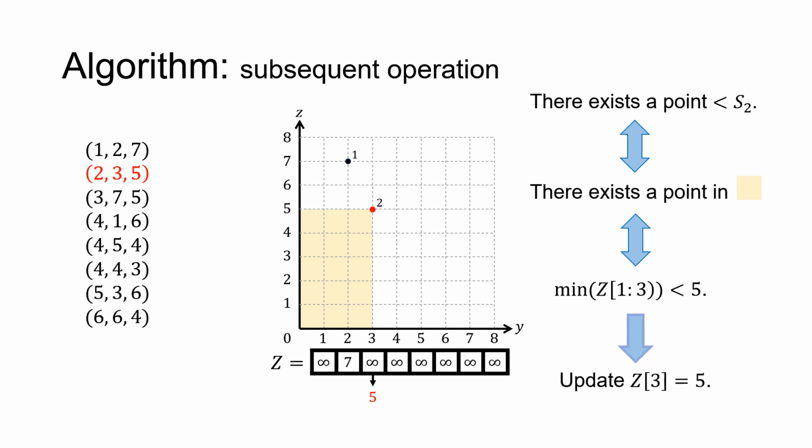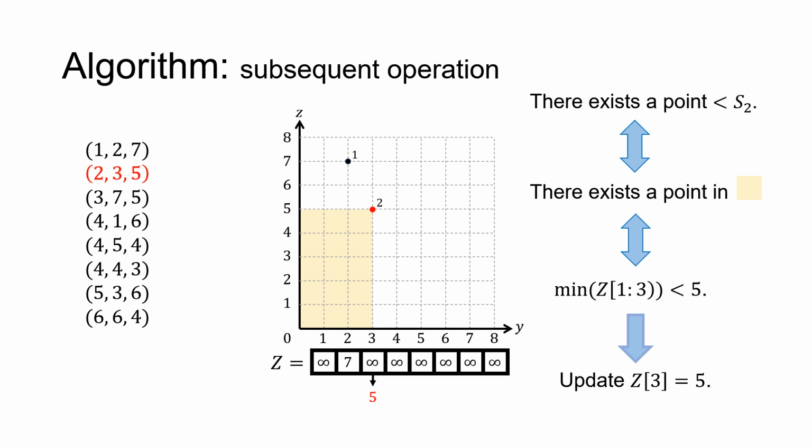This is where the array z becomes useful. We calculate the minimum value within the range 1 to 3 of array z. If the value is less than the z-coordinate of S2, it directly indicates that there is a point in the area.